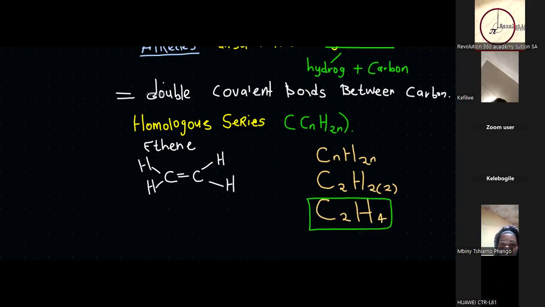So in the structural formula you can see 2 carbons, which is 1, 2, and also 4 hydrogens: 1, 2, 3, 4. Correct. So this formula is correct, and that is the formula, or the homologous series, that best denotes all the alkenes. Don't forget, alkanes CnH2n+2. Alkenes CnH2n, just like that.